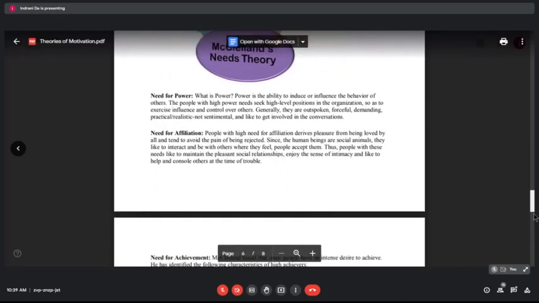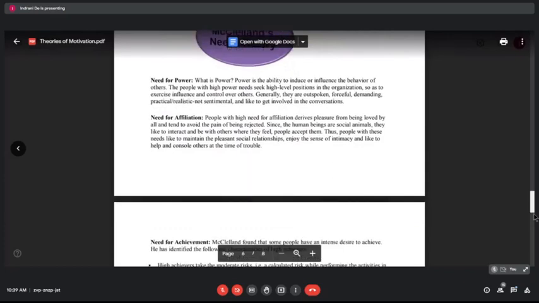Then need for affiliation. People with high need for affiliation prefer to be accepted by everybody. Everybody will love him, like him, accept him. He will not be rejected by anyone. So that's a social need he is having. That is the sense of need for affiliation.